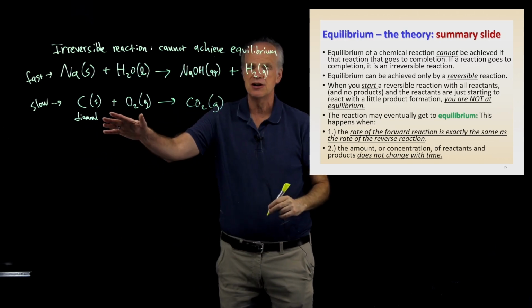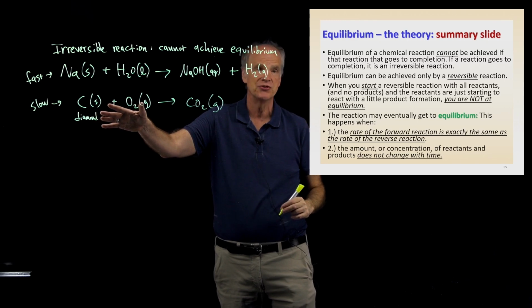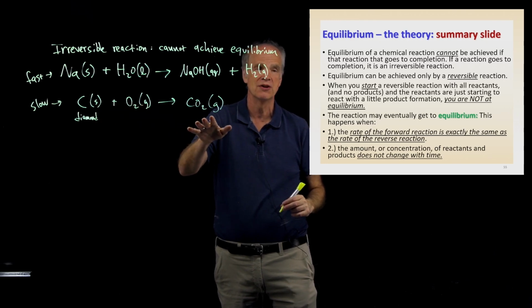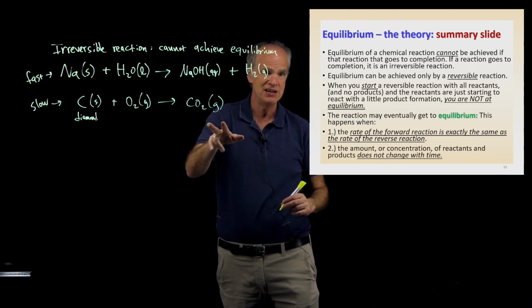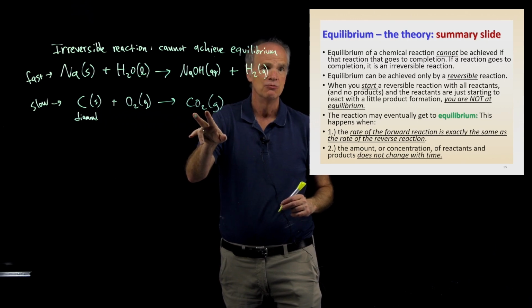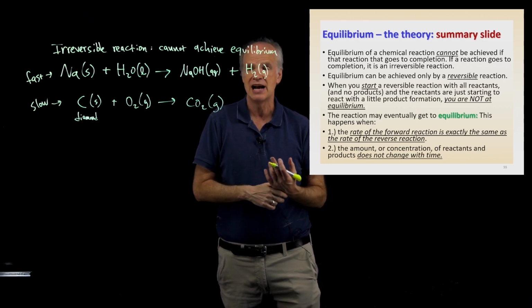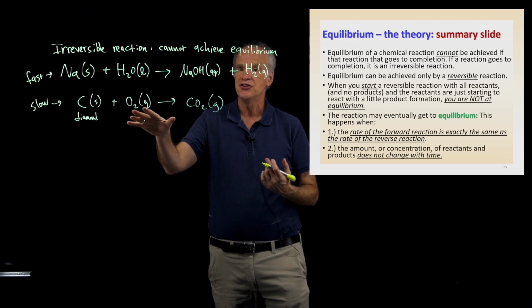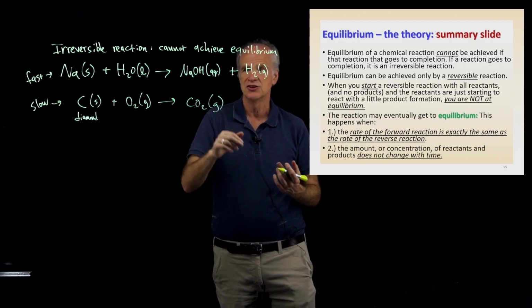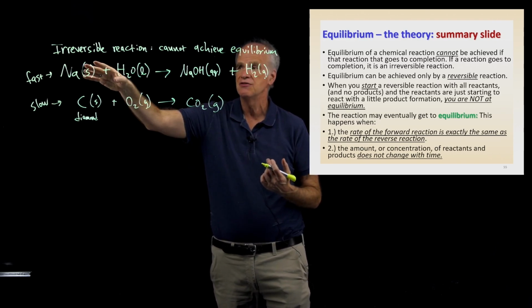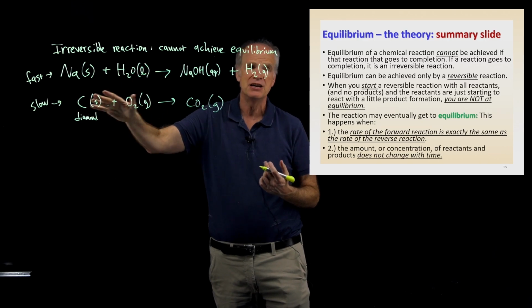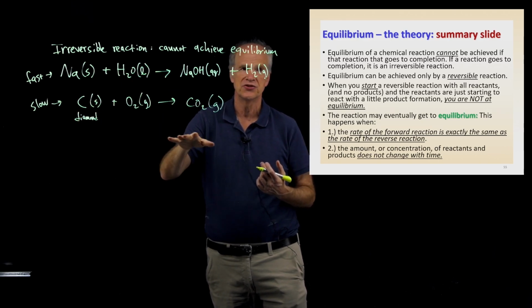Here, the reactants combine to form the product, and it's pretty unlikely that the product will somehow split apart by itself and reform the reactants. So this is also an irreversible reaction. One thing you can see is that an irreversible reaction could be a fast reaction or a slow reaction.